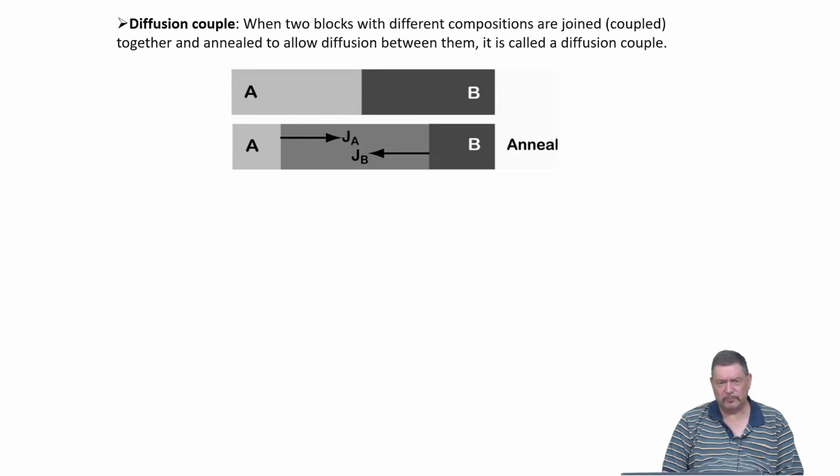What could you do? Raise the temperature, very good. So you go up in temperature, diffusion gets faster, so you do the same time but at a higher temperature. And then at some certain temperature, you are bound to see something, right?